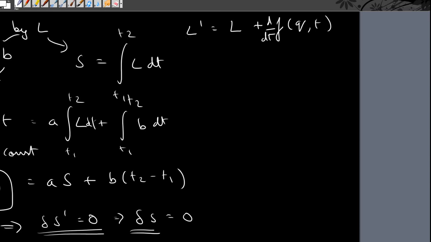Okay, so if I define the new Lagrangian in this form, let's see what happens. So S dash will become integral t1 to t2 L dt plus integral d by dt f of q, t dt from t1 to t2.